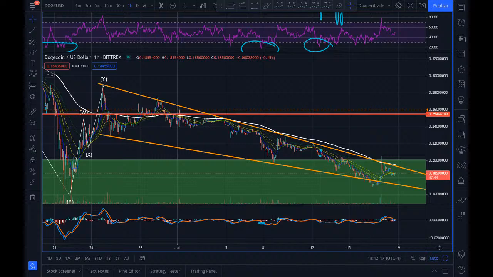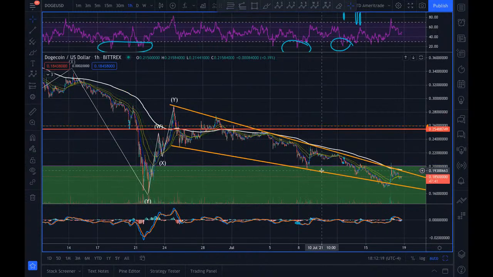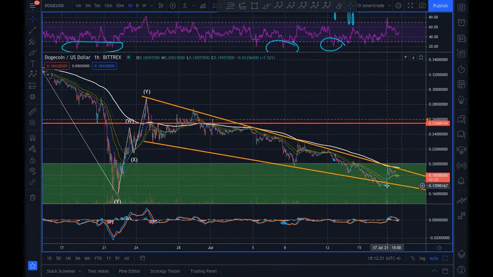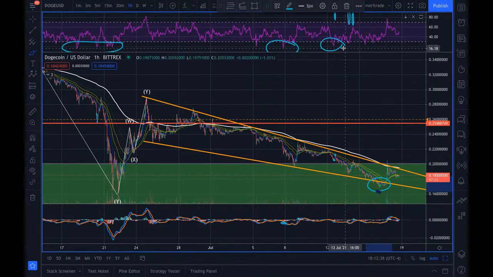So, still holding Doge. Well, I think this was a good buy opportunity right here. As you can see, I have some circles drawn on the RSI from the last couple videos, and I was explaining how to see these signals on the RSI, but it went a step further and it gave us even more signal, especially right here.